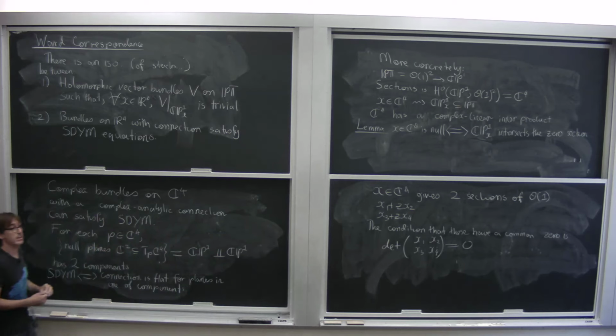Okay. So any condition about curvature, curvature is the failure to be flat. The components of the curvature tensor are the failure to be flat on some plane. So the geometric way of saying self-duality is I take one of the components of the space of null planes and ask on every such null plane, I want it to be flat.